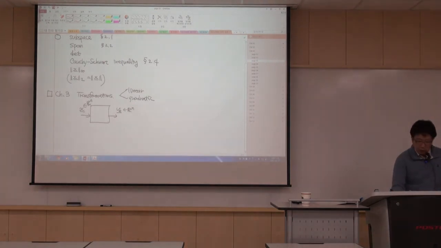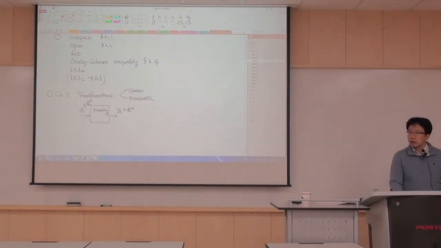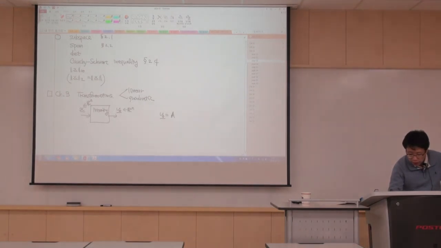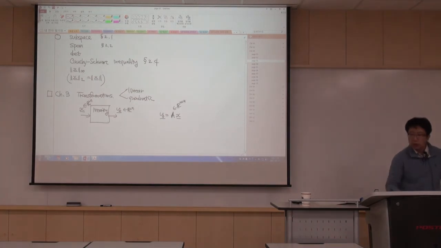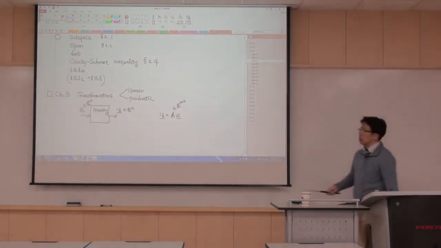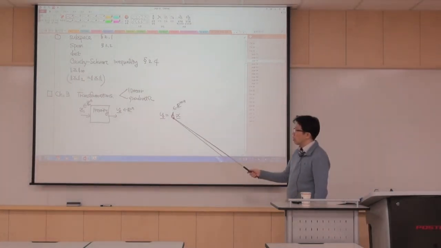Then the system is linear if and only if there is a matrix A, which is n by n, such that the output is A times x.